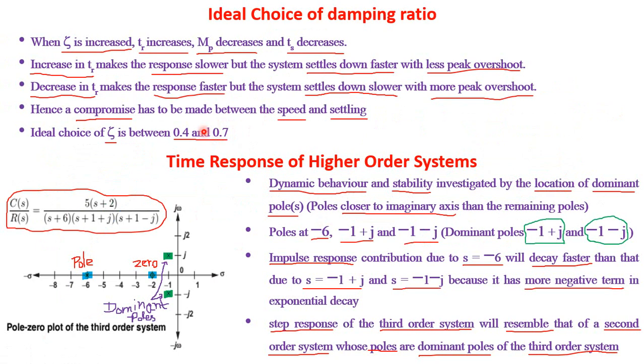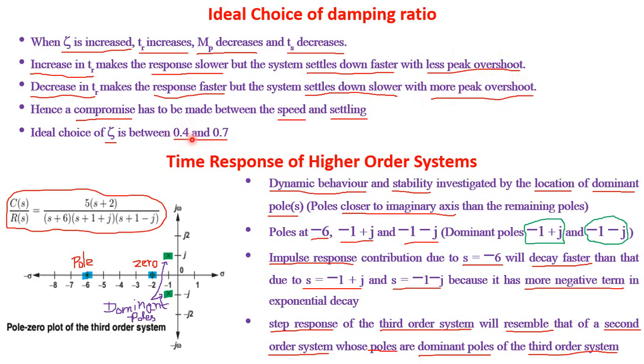However, when the damping ratio is less than 0.4, even though rise time is less, oscillations are more, and settling is also slower. So we have to compromise between the speed, rise time and the settling time. That is why 0.4 and 0.7.